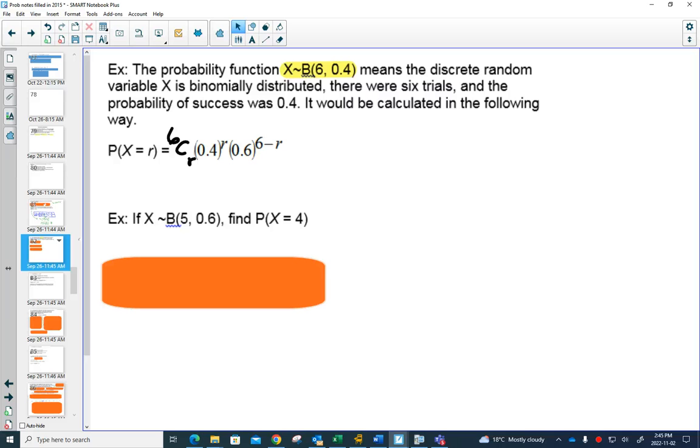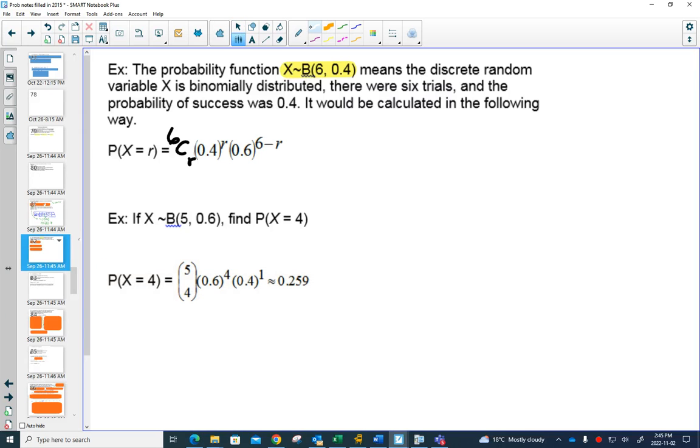And if you wanted to find one in particular, you could just plug it into the formula.